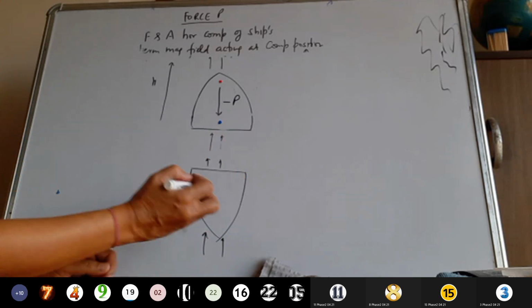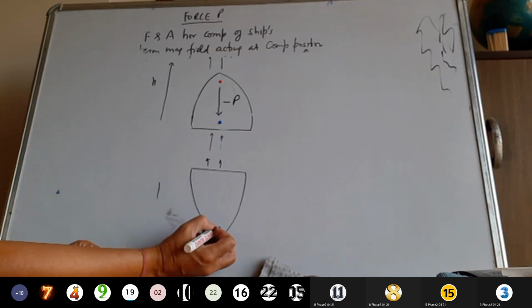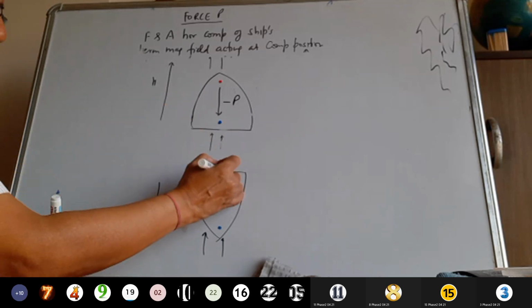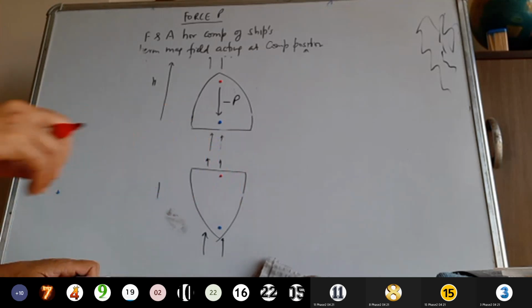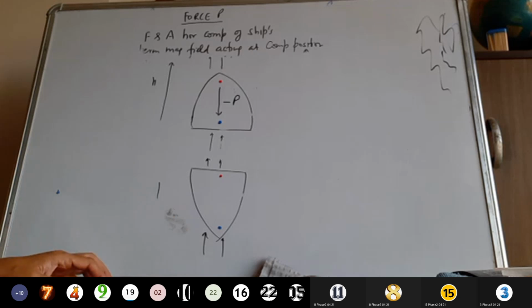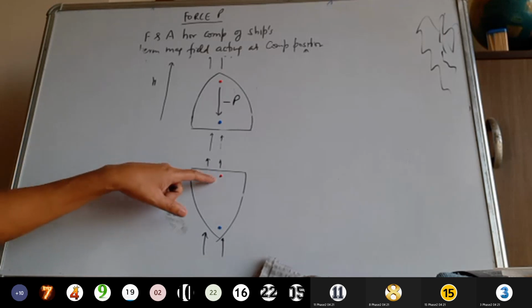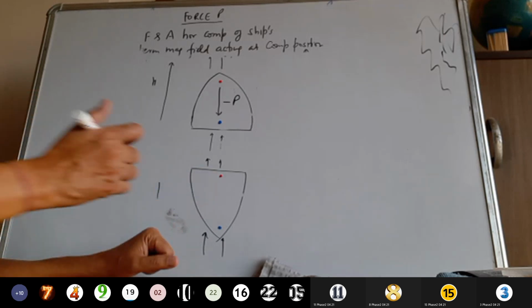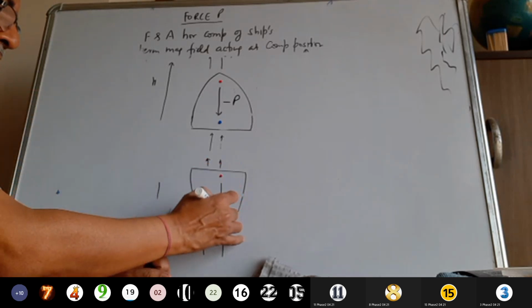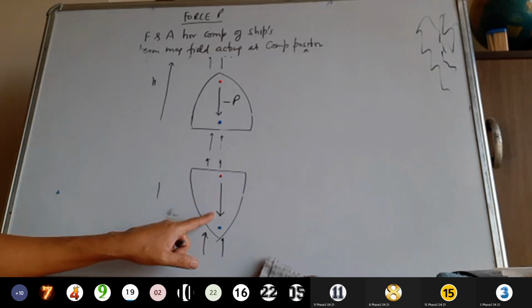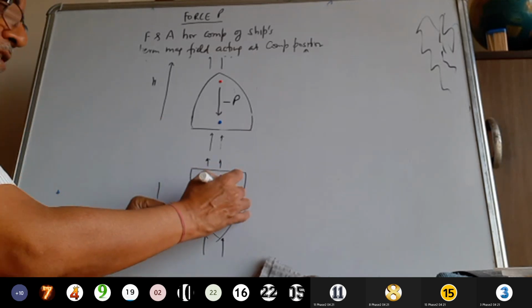So in this case, you will have a blue pole towards forward, that is the south pole, and you will have a red pole towards aft. So this blue pole and red pole will become permanent poles, and now the ship is sailing. So now the force within the ship will be acting from red to blue. So this is a force acting towards forward. In this case, the vessel is having plus P.